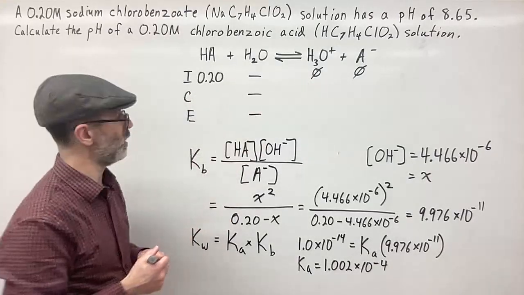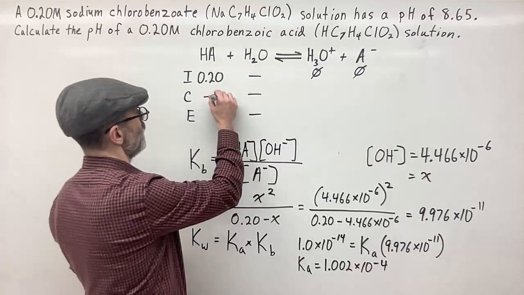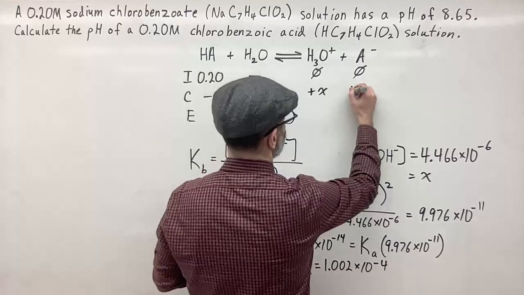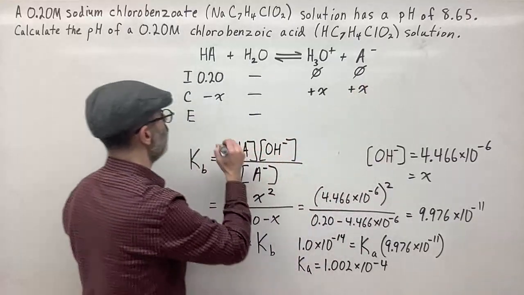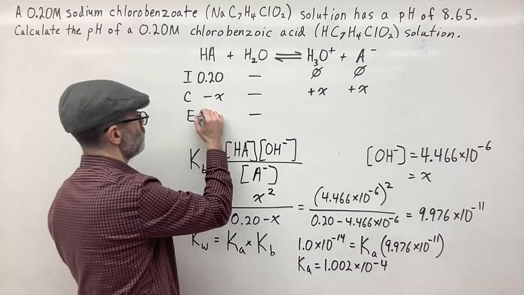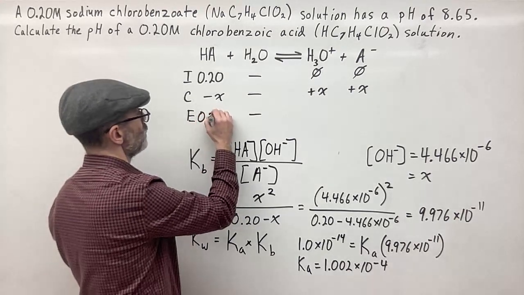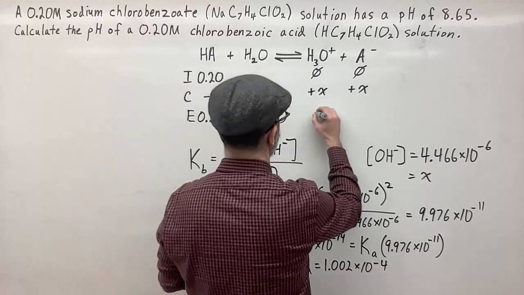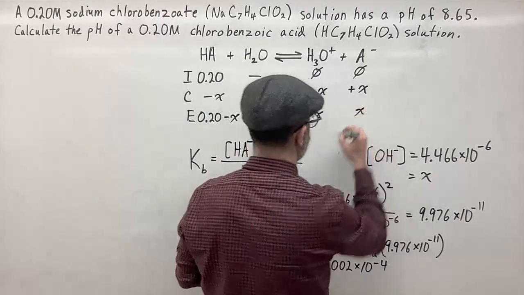It's going to make product. So we're going to lose an X amount here, gain an X amount here, and gain an X amount there. So our equilibrium amounts in terms of X is going to be 0.20 minus X, and this is going to be X, and this is going to be X.